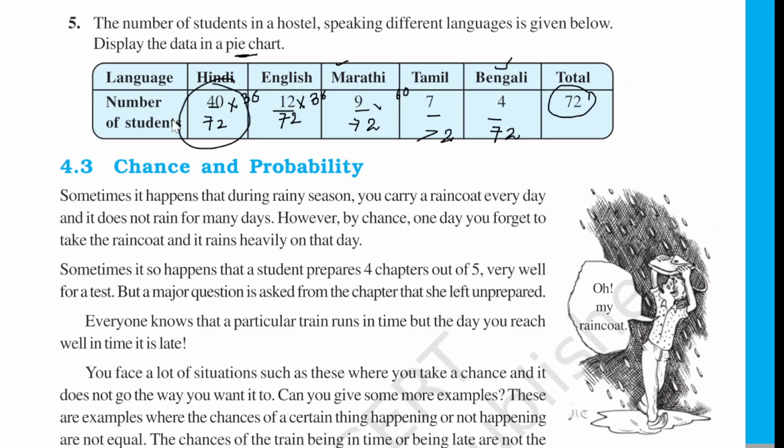So for Hindi, our central angle will be 40 by 72 into 360.